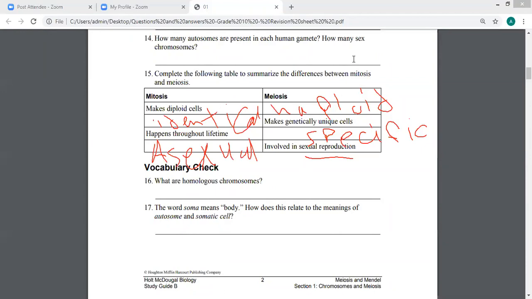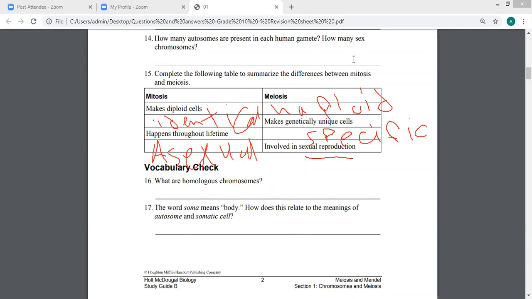what are homologous chromosomes? I said during my explanation about this, homologous chromosomes. Who remembers these points? Guys, who remembers this point?